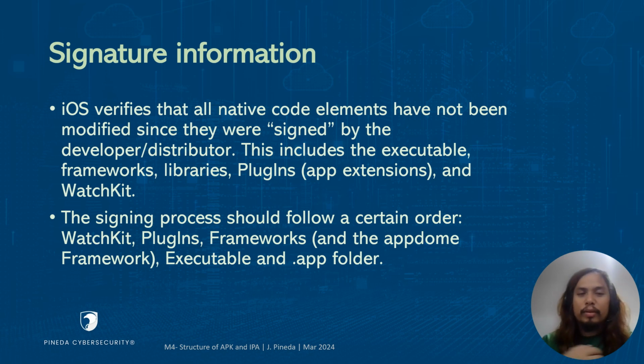Similar to APK, iOS verifies that all native code elements have not been modified since they were signed by the developer or distributor. So it includes the executable, frameworks, libraries, plugins, and watch, similar to META-INF. Now, the signing process should follow a certain order: WatchKit, plugins, frameworks, executable, and app folder.